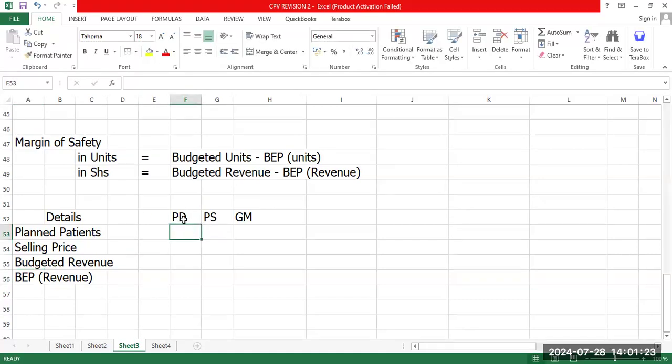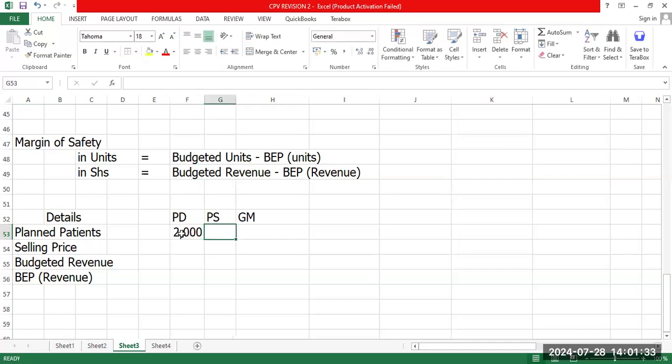Budgeted units for PD is how many? How many patients? In additional information, 2,000. Then here it is 500. Then here it is 3,500. Am I copying the right things? They are right. Okay, the unit selling price, we said it is how much?